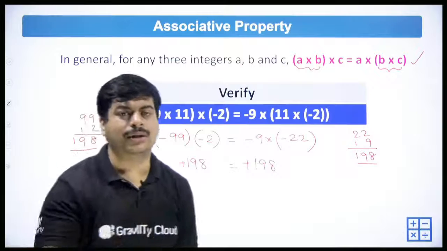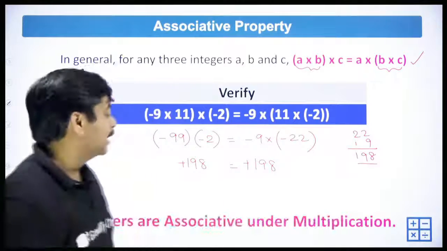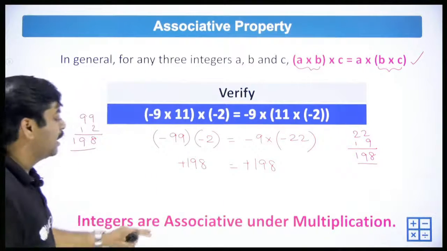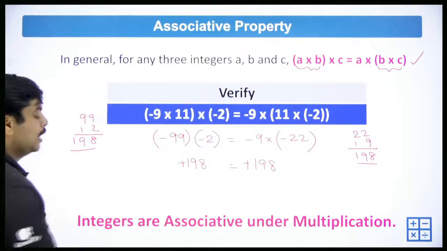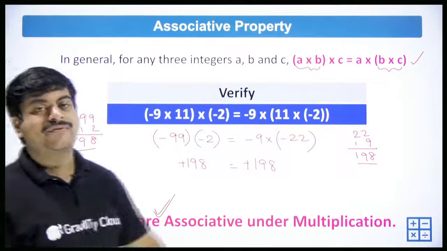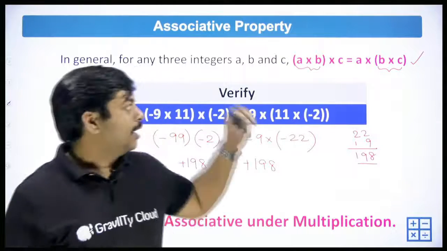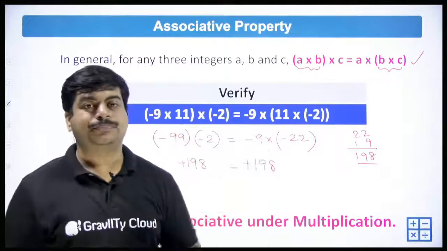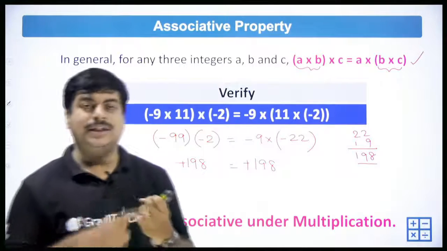You can add in any order, right? But not subtraction. So what I can conclude here: integers are associative under multiplication. That means associative properties are valid for integers. Integers are obeying the property of associative. Right. So addition, yes.